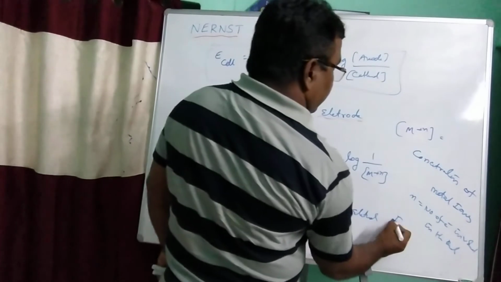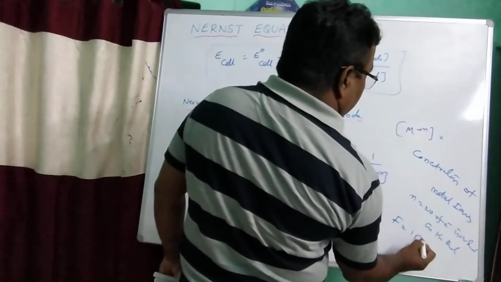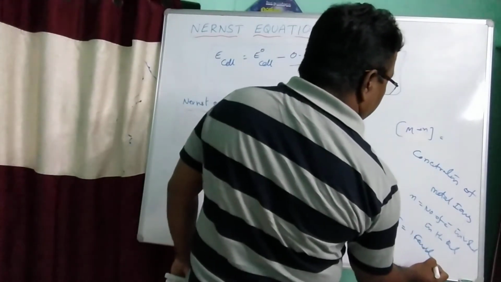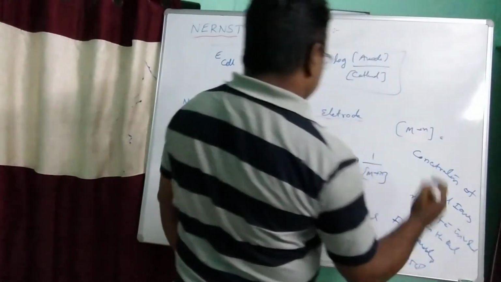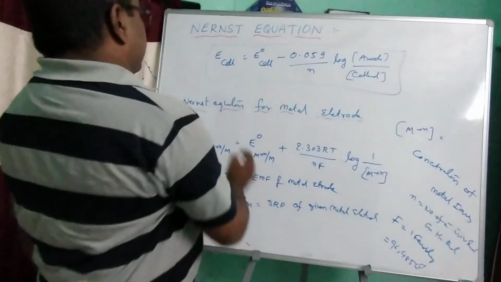Next, F is 1 Faraday, equal to 96,485 coulombs.